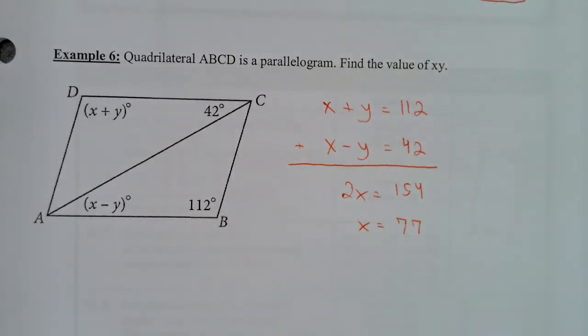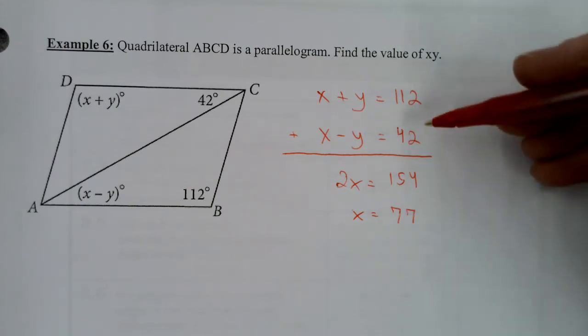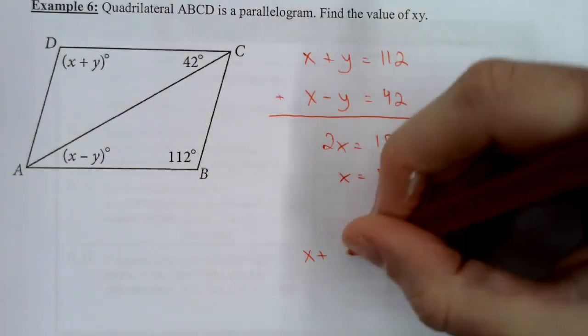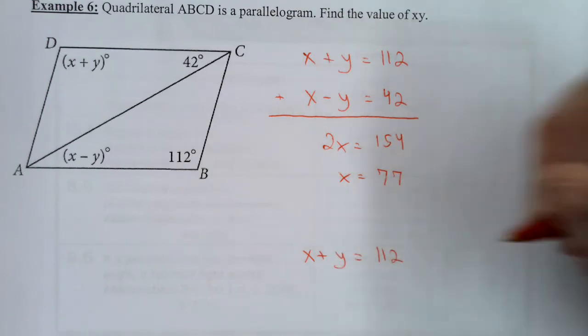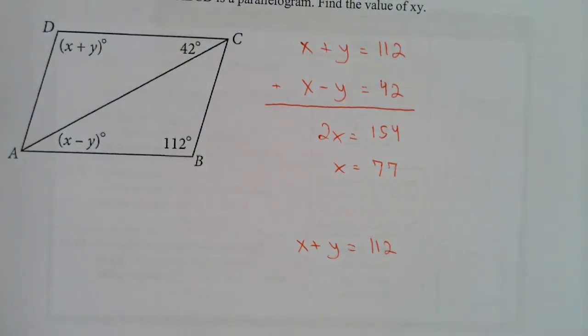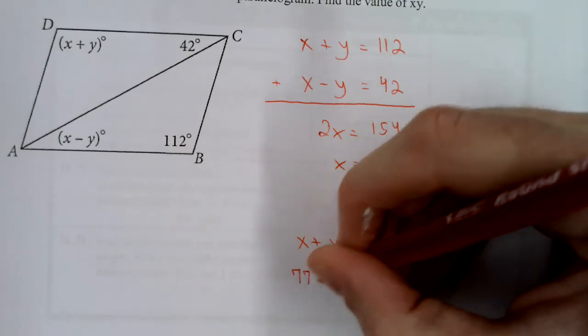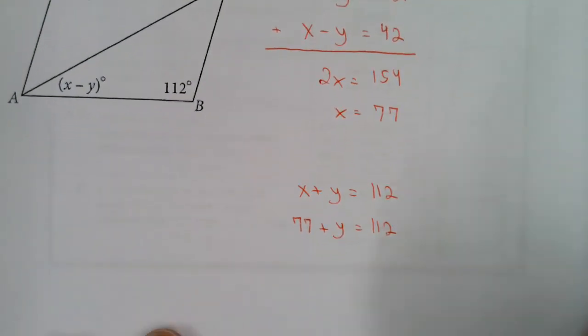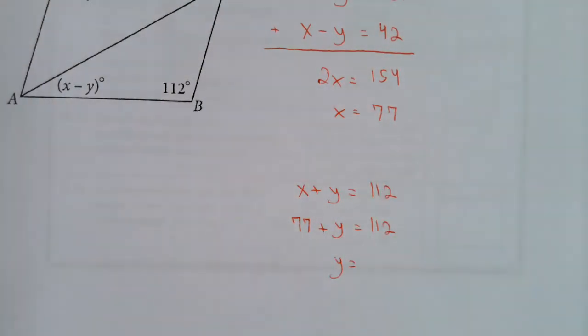And now let's find y. Go back into either equation and solve for y. I'll go back into the top one. x plus y equals 112. And we just established that x is 77. y equals 35.